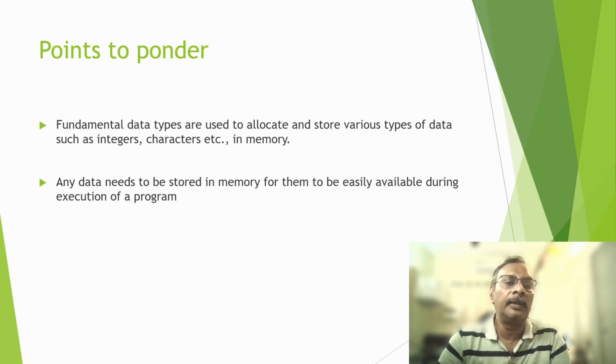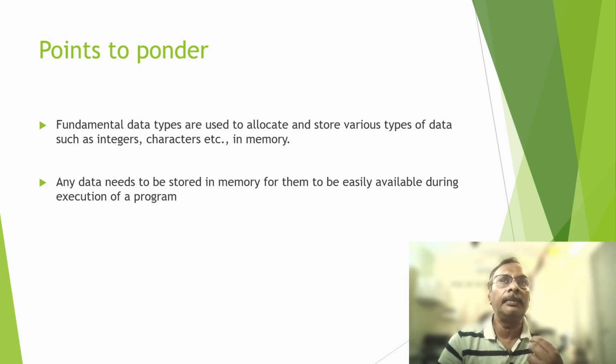Remember, even while adding two numbers, we allocated two variables a and b, and then we stored the numbers in a and b so that they can be easily accessible while adding. So we said c equal to a plus b. When the processor does this, it takes the value from memory and processes it instead of reading from a file. That way, it is easily accessible, and the program execution will be faster.